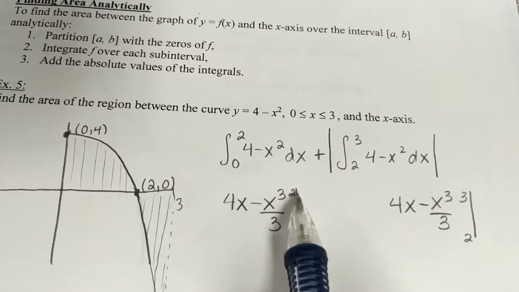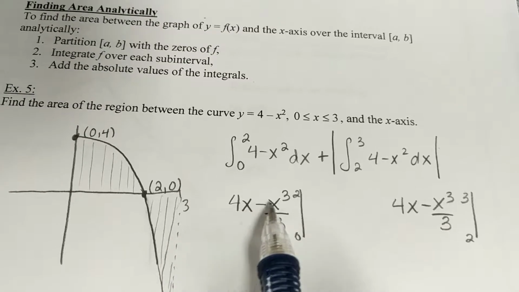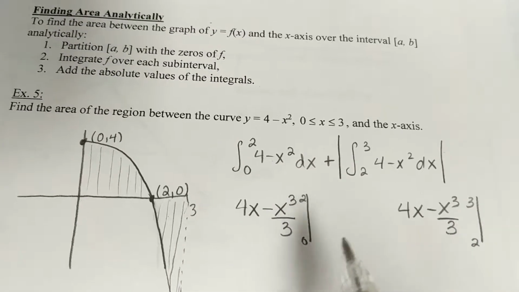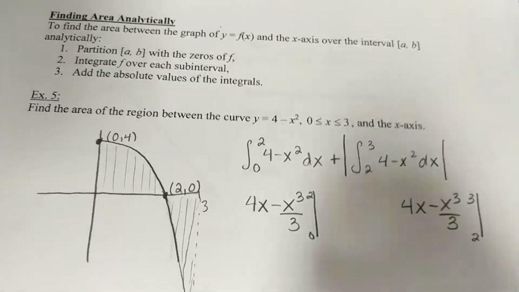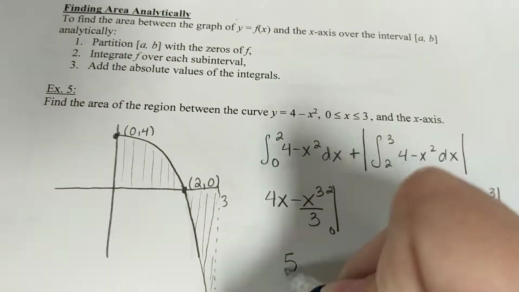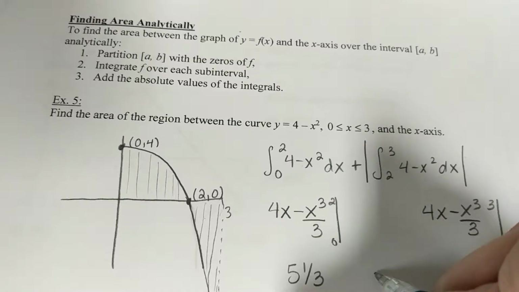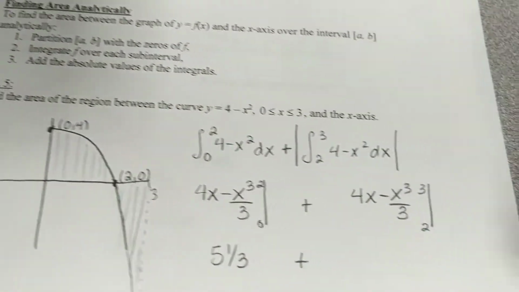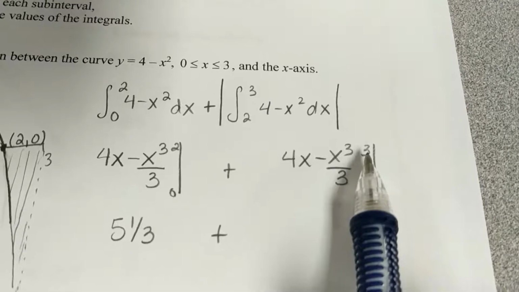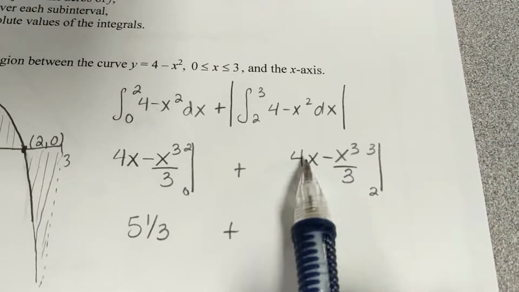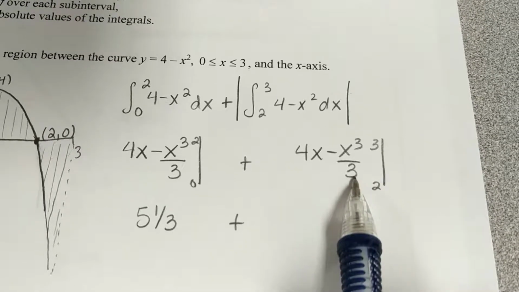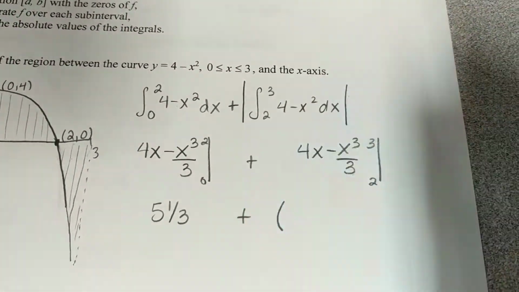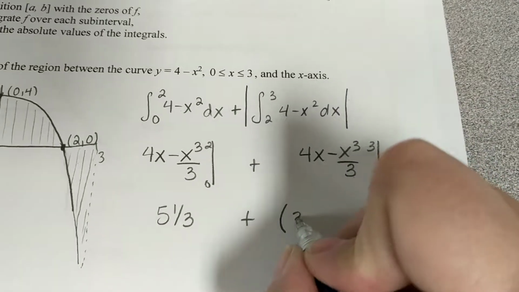All right, so if I plug in 2, we get 8 minus 8/3. And then we get 0 minus 0. So 8 minus 8/3 is 5 1/3. Over here, if I plug in 3, 4 times 3 is 12, and then 3 to the 3rd divided by 3 is 9. So I get 12 minus 9, which is 3.